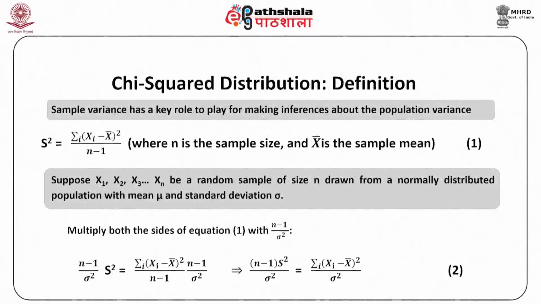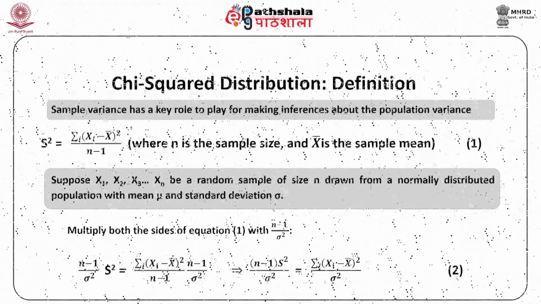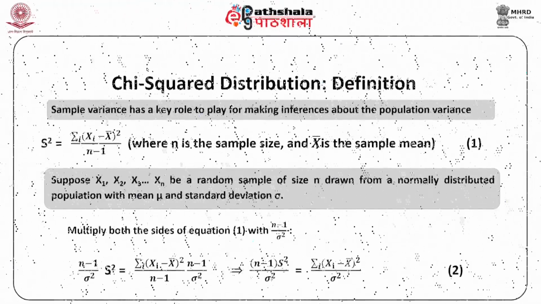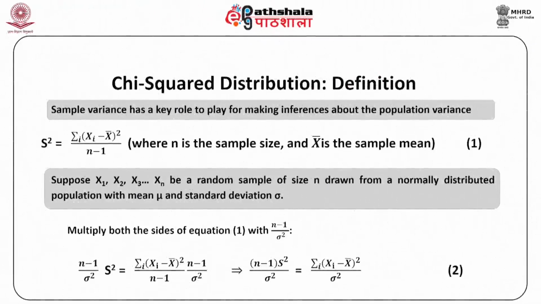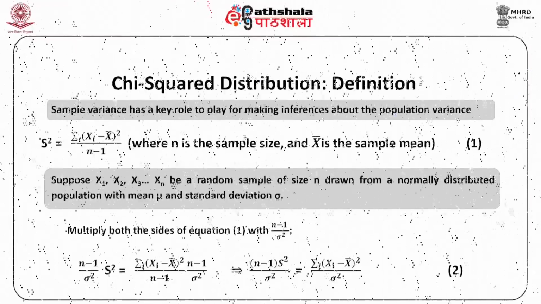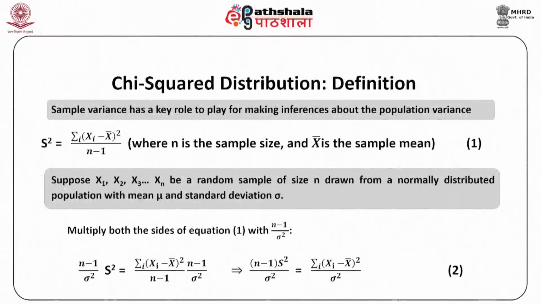about the population mean. In a similar manner, the sample variance has a key role to play in making inferences about the population variance. We have studied in our previous module that the sample variance S square is an unbiased point estimator of the population variance sigma square.